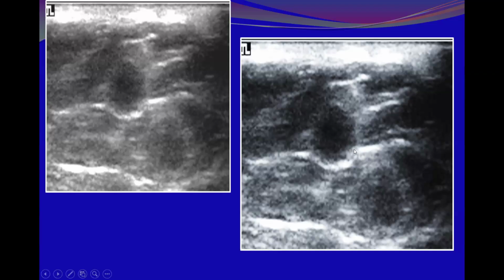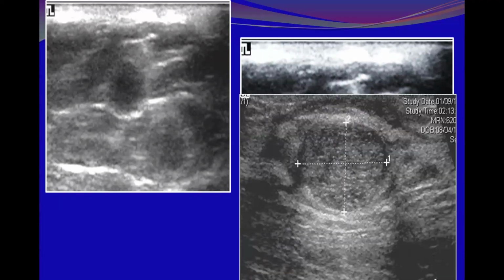And if you look here, there is subtle cutting here. Yes, here it seemed to be blunt, but on the other side, you see there is a faint area of cutting sign. And it was proven to be an invasive cancer.